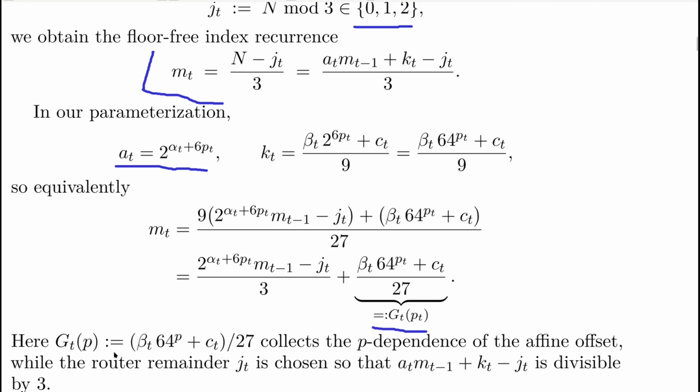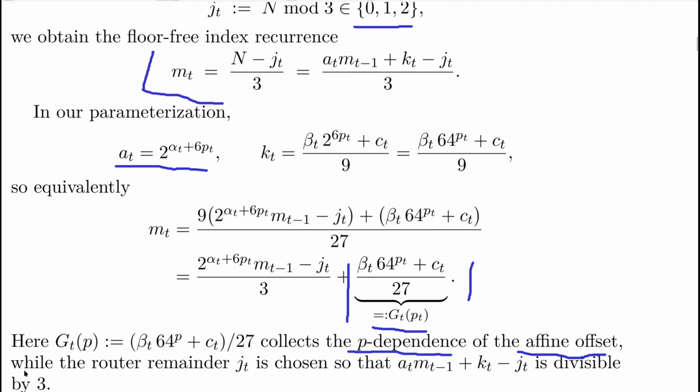Here gt pt equals this part, so all of this here, which is the same as beta t times 64 raised to p plus ct all over 27, and collects the p dependence of the affine offset.